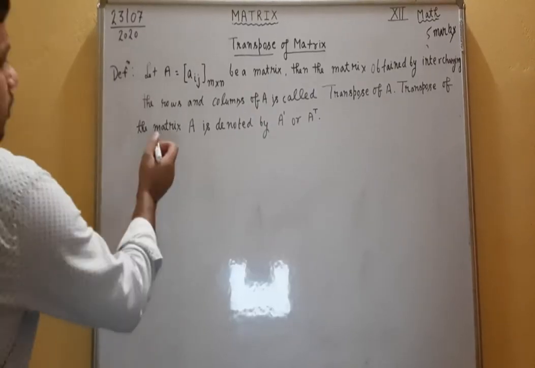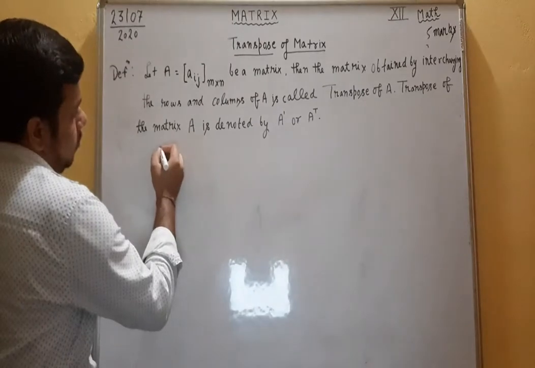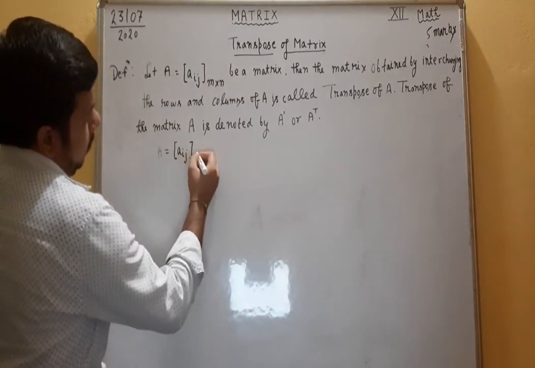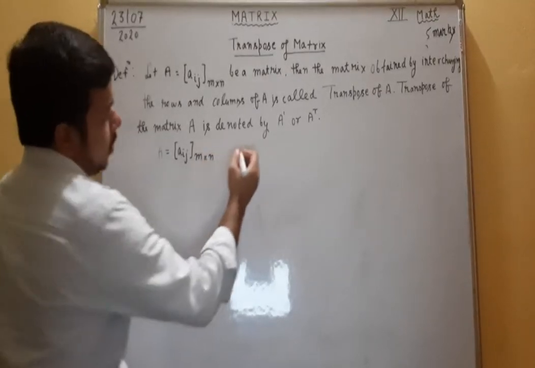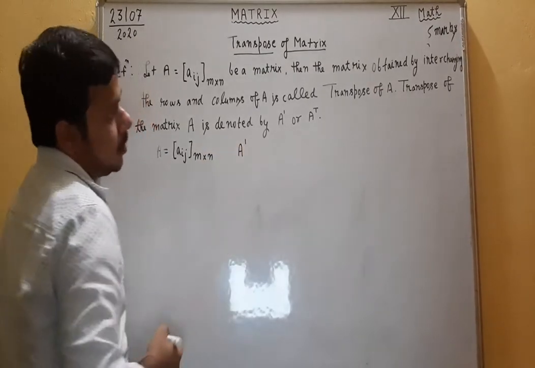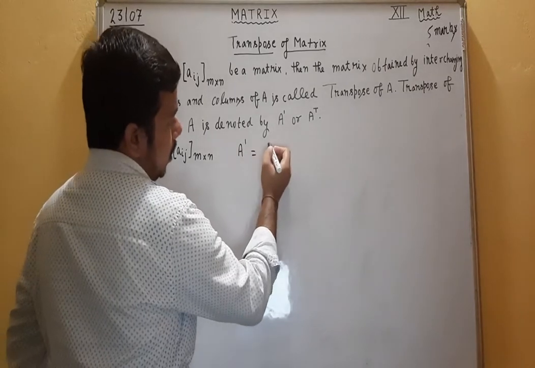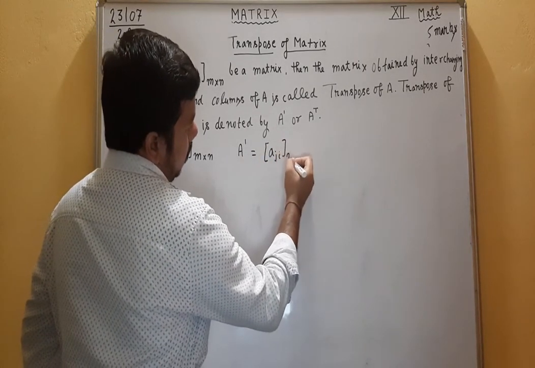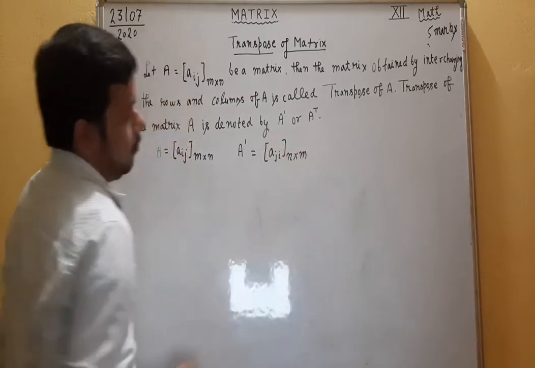It means that if A is equal to Aij, its order is m cross n, then the transpose of A, which is denoted by A dash or At, is equal to Aji and its order is n cross m, right?